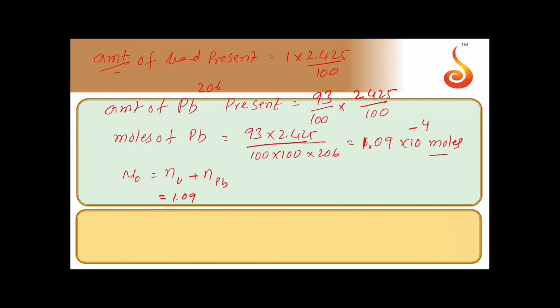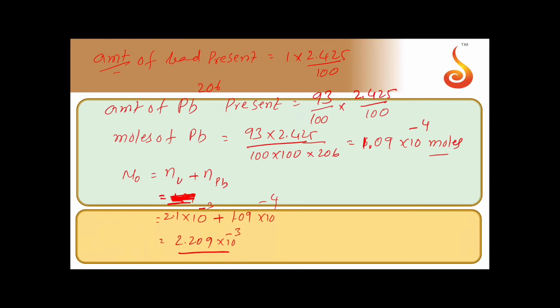So this will be 2.1 × 10^-3 plus 1.09 × 10^-4. So this will be 2.209 × 10^-3, the initial number of moles of uranium that was present.